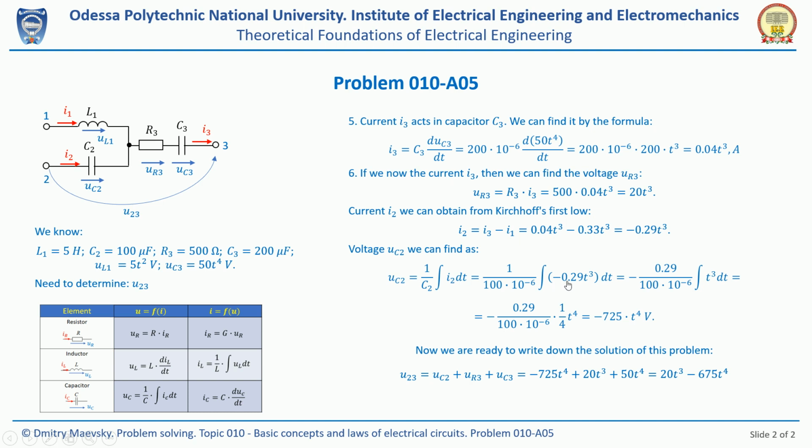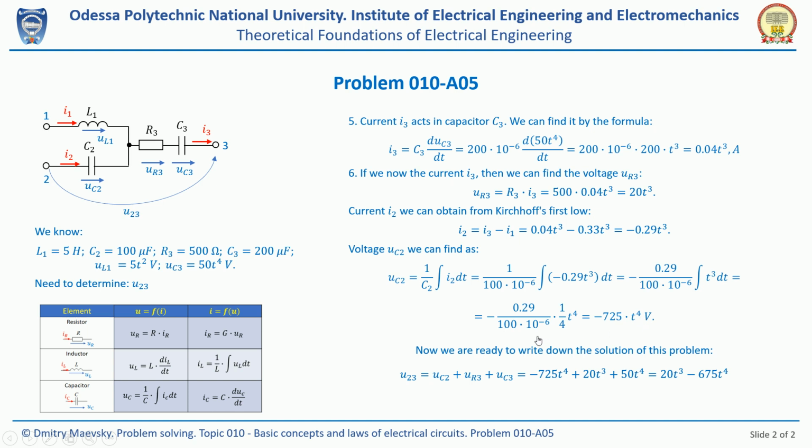Integral of minus 0.29 t cubed with respect to t, and in our calculation we can obtain that this voltage is minus 725 multiplied by t to the power 4 volts.